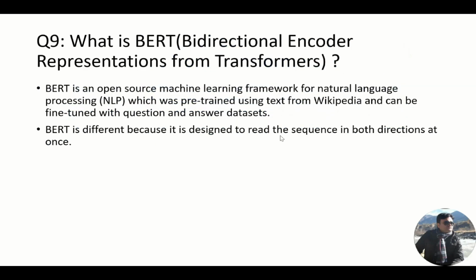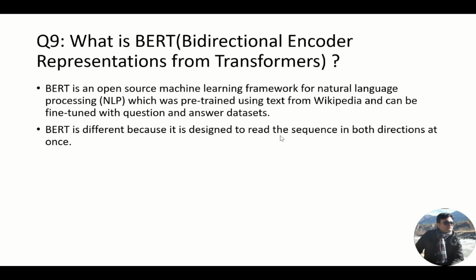The next one: what is BERT, bidirectional encoder representations from transformers? BERT is an open source machine learning framework for natural language processing, which was pre-trained using text from Wikipedia and can be fine-tuned with question and answer datasets.